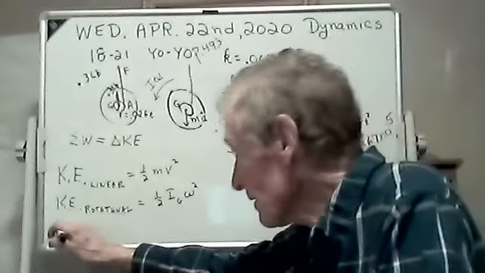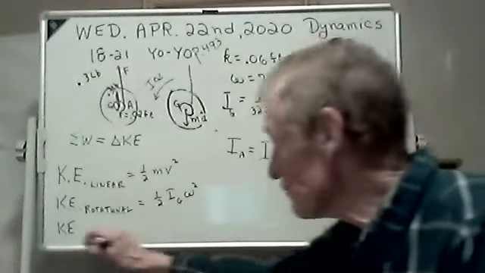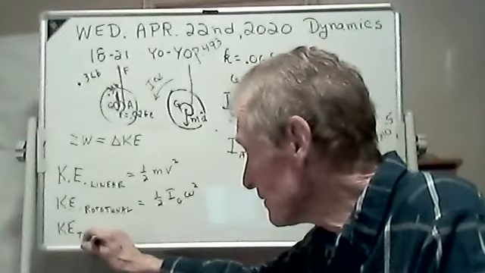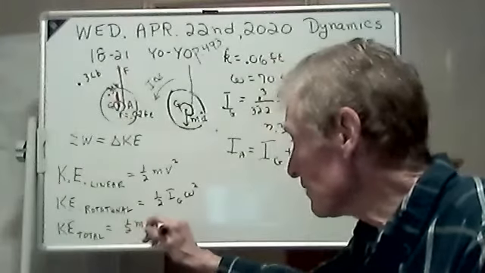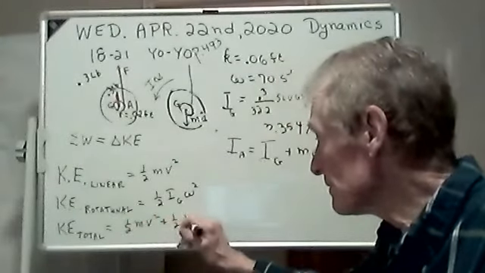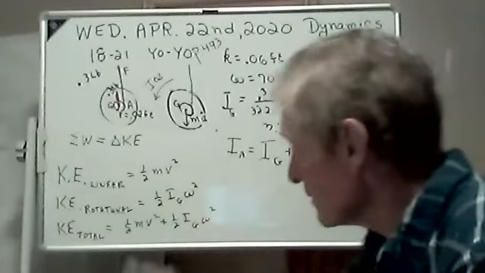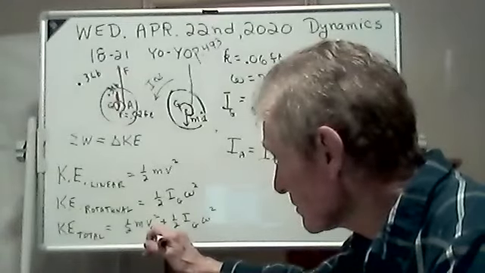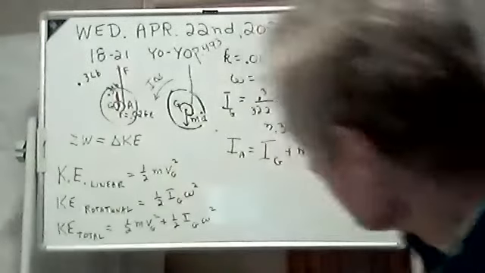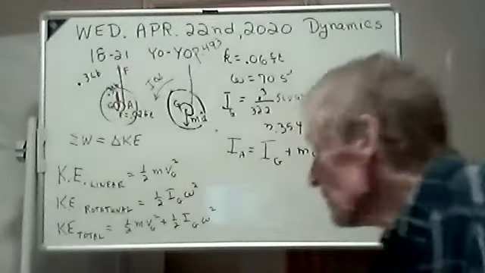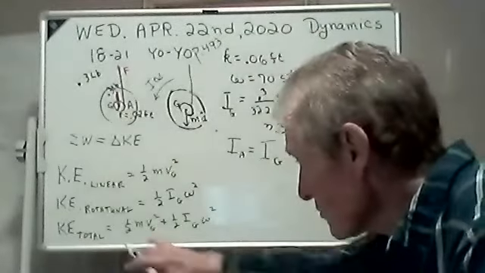Now, let me do that. If you want the total kinetic energy, you would take the 1/2 mv squared and the 1/2 I_G omega squared. Now this v, you got to understand, is the velocity of the center of gravity of your yo-yo, and you'd add them up. Now there's an easier way to do this.